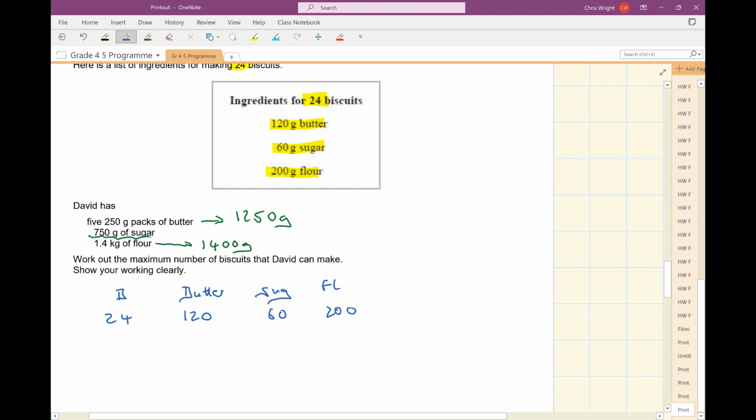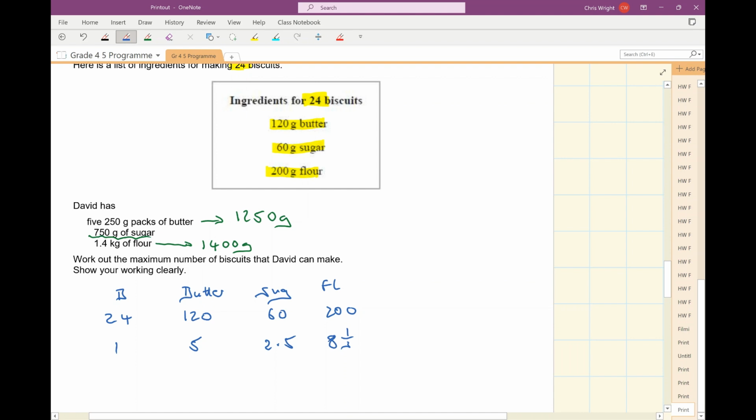So I'm going to work out how much butter, sugar, and flour he needs for one biscuit by dividing 120 by 24, 5 grams of butter per biscuit. 60 divided by 24, 2.5 grams of sugar, and 200 divided by 24, 8.33 grams of flour.